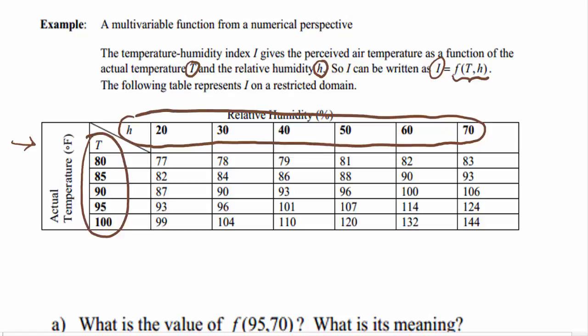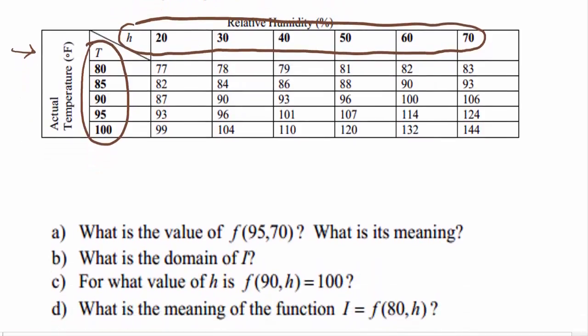Just to make sure you guys are good at reading this table, what would F of 95, 70 be? You would go to a value of 95 for T. This is a T value, and this is an H value. So you would go to 95 down the first column of numbers, and then over, along the top row, to 70.